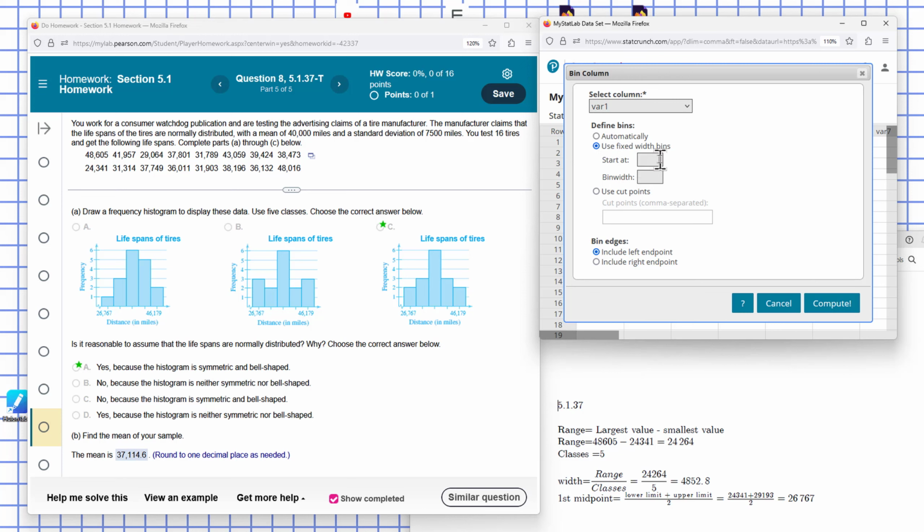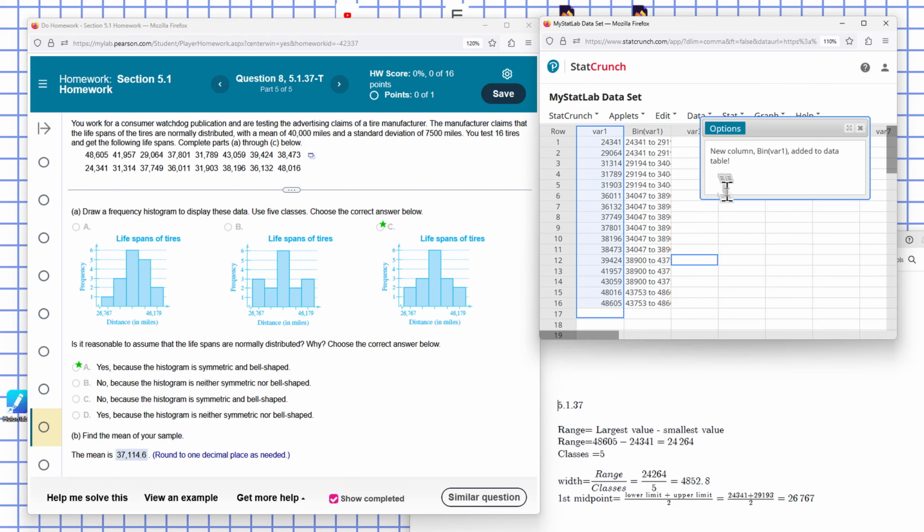And now the bin starts at the smallest value, 24341, and the bin width is given to me here as 4853. I round it up to the nearest integer, and that should put everything into bins. There, everything is in the bins.